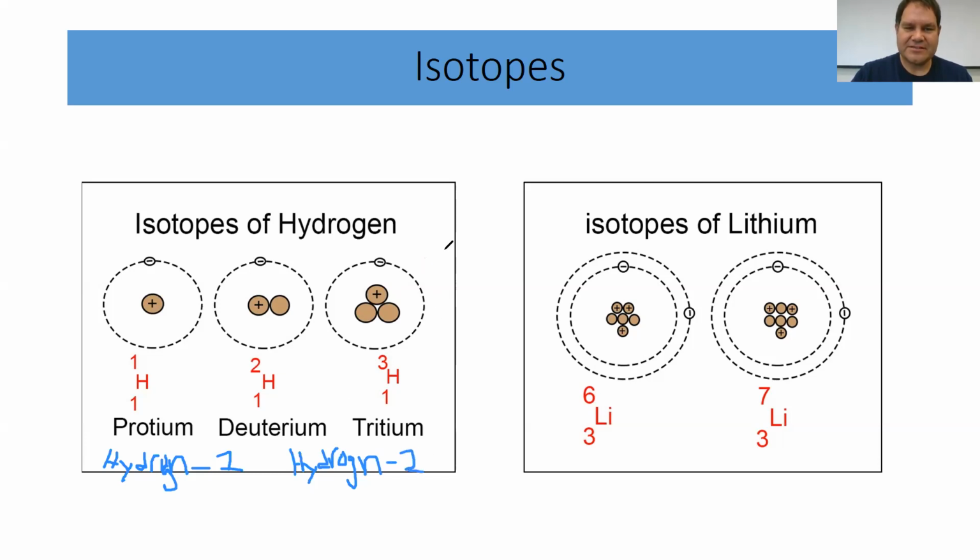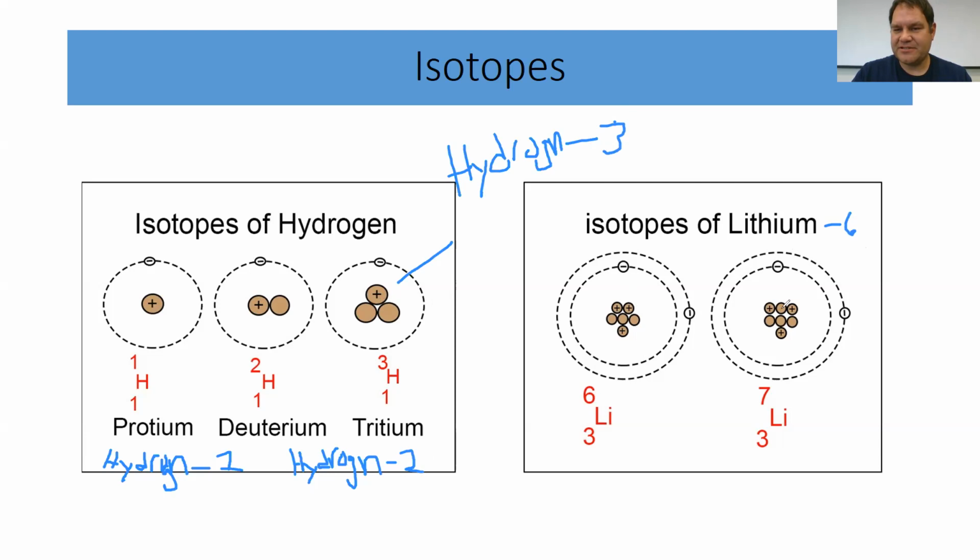And then this last one here is going to be represented by hydrogen what? 3, 1, 2, 3. Okay, and so forth. And lithium, we got lithium what? Well, 1, 2, 3, 4, 5, 6. So this is lithium-6. So we'd actually put a hyphen and put 6.